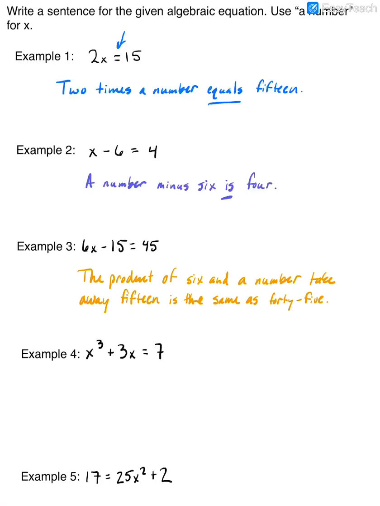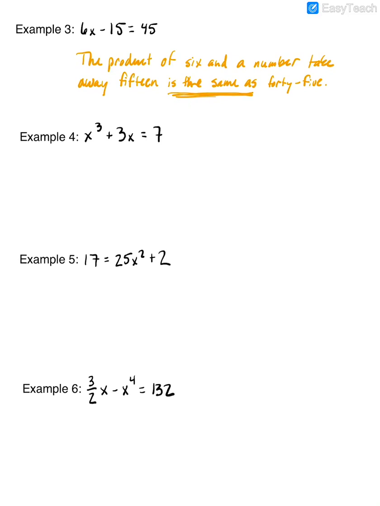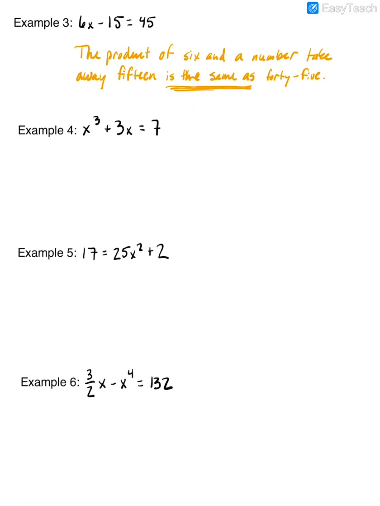Okay, so is the same as works there. Those are the three options, and you can rotate through them. You can use the same one every time if you want. I mean, is is pretty easy to write, but just so you know that you have those options, use whichever one makes the most sense to you or fits the best.